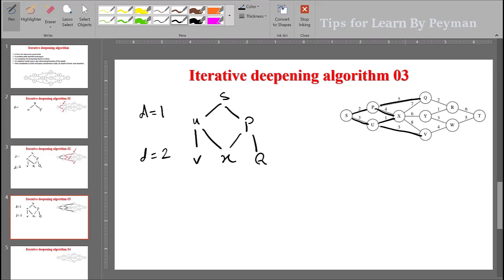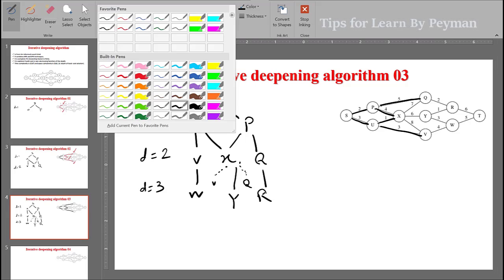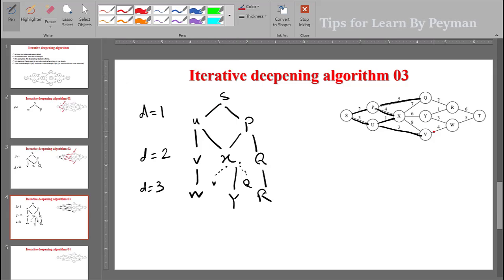So from the V, we can get to the W in the depth equal to 3. We reach W, and from the X, as you can see, we can reach the Y, and also we can reach the V and Q, which were opened before. Well, I just want to write it like this. And from the Q, as you can see, we can reach the R here. So the graph would be like this.